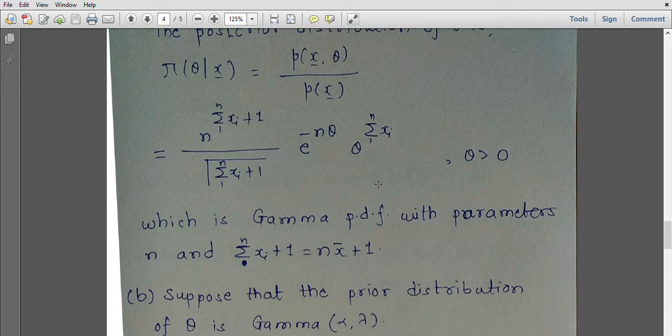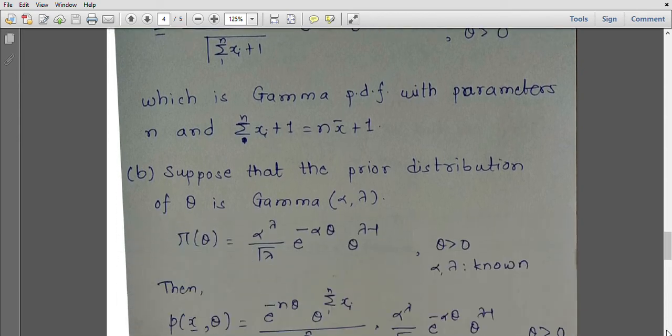Now consider another prior for the same setup. So now we have another prior distribution, say gamma with parameters alpha and lambda. Here these parameters alpha and lambda are called hyperparameters, in the sense they are prior parameters involved in the prior distribution of the unknown parameter.